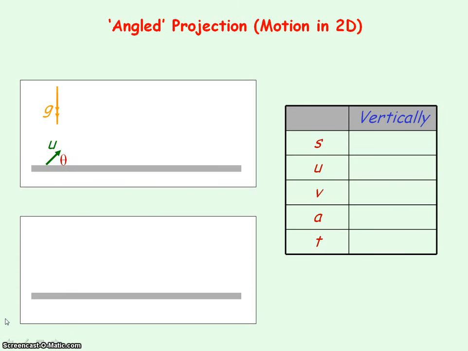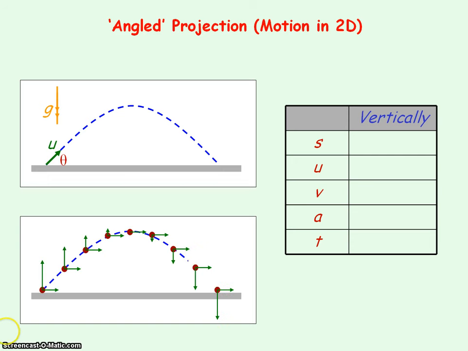In this case, we have a ball that is projected at an angle. So using trigonometry, we can determine the horizontal velocity of the ball, which will be u cos theta, and the initial vertical velocity of the ball will be u sin theta.